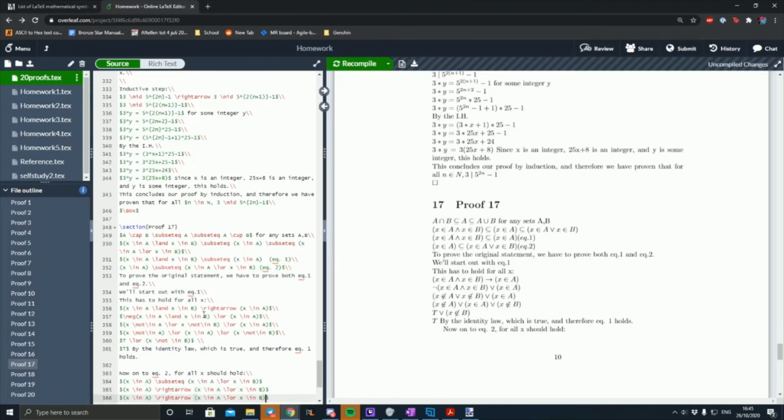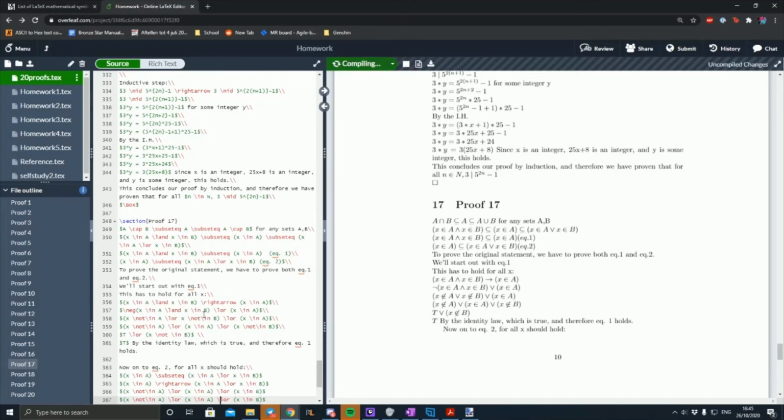And then we can copy this. Instead of right arrow we can do a logical OR. And we can change this from x in A to x not in A. And we can change the brackets around here a bit as well. And then again we will have x not in A or x in A, which is true.